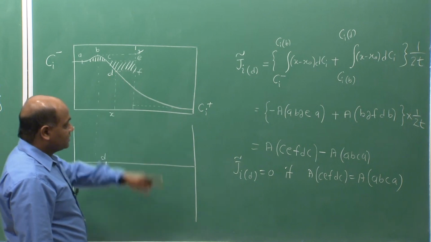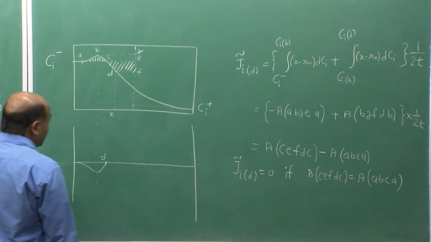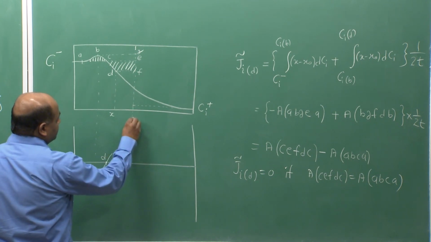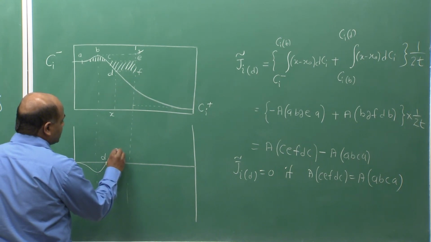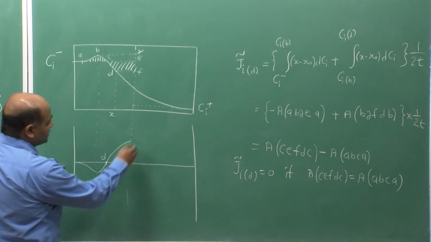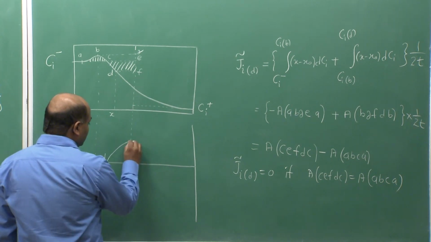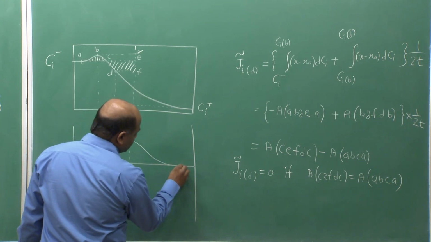Beyond this, the magnitude of the positive area would increase, and so the flux will become positive, and it will keep increasing in the positive direction until the Matano plane position, and beyond the Matano plane position again the flux will start decreasing until it becomes 0 in the terminals.